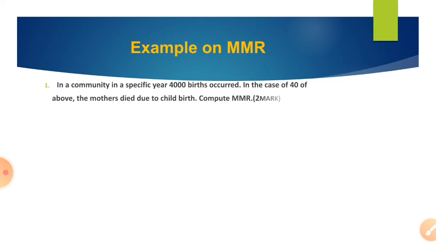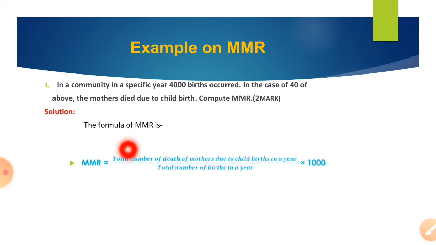Let us take one example on MMR. In a community, in a specific year, 4000 births occurred. In the case of 40 of these, the mothers died due to childbirth. Compute MMR. Again, this is a 2 marks question, an important one. Solution: as we know, the formula of MMR is the total number of deaths of mothers due to childbirths in a year divided by the total number of births in a year, into 1000.